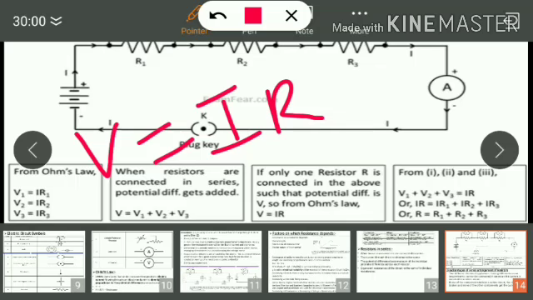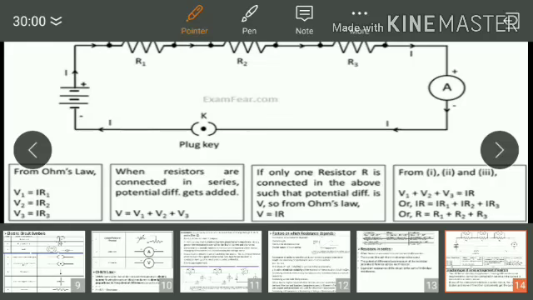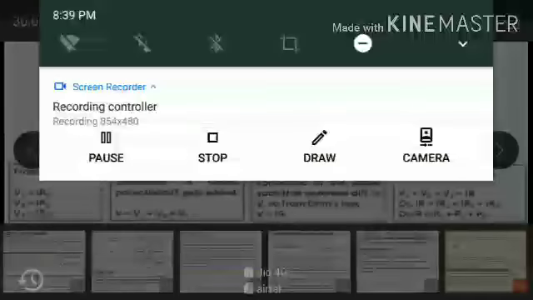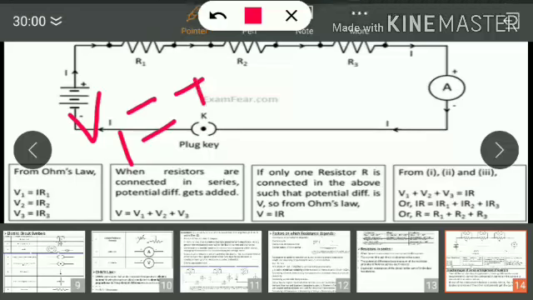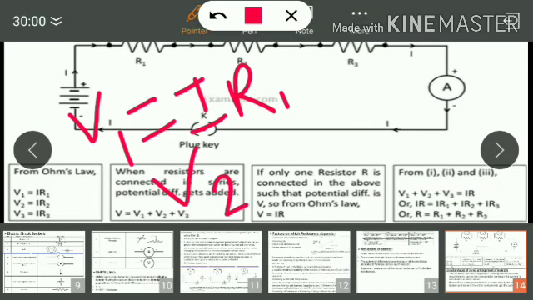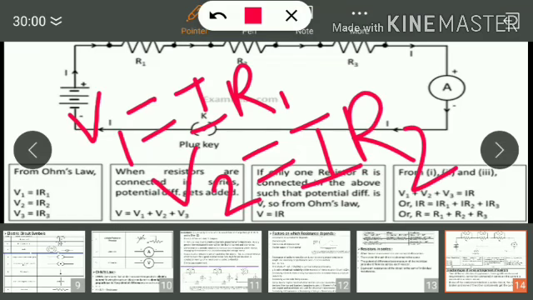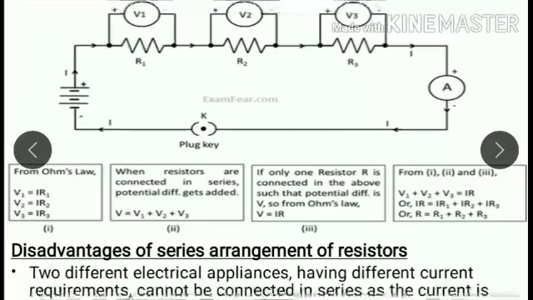For the first resistance, the potential is V1 and the current is I. The current is the same but the potentials are different. So V1 is equal to I R1, and for the second, V2 is equal to I R2. For all the resistances the current is the same but the potential is different. That's why we are using V1, V2, and V3.